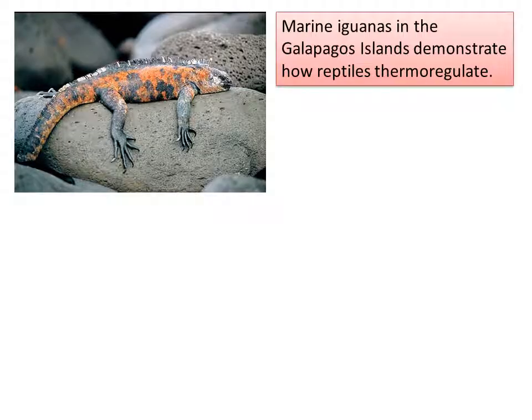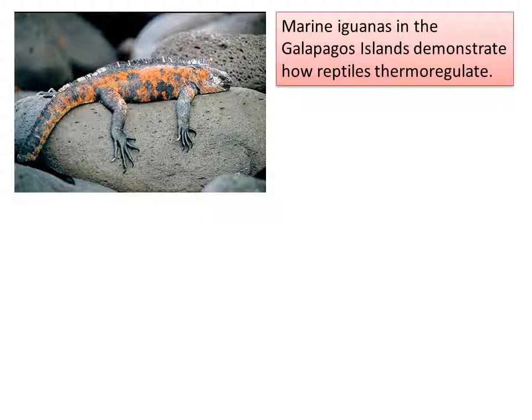A good example here will be the marine iguanas. You might have seen this on a video about the Galapagos Islands. These are iguanas which bask on a stone, but then need to feed or graze on algae which is on the seabed.